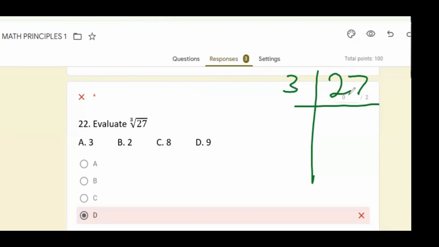What do you have? 27 divided by 3 is 9. Good. 3 can still go in 9. It's 3. And 3 in 3, 1.